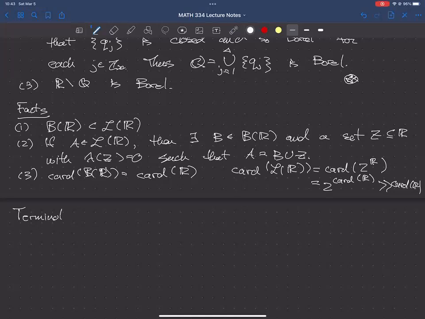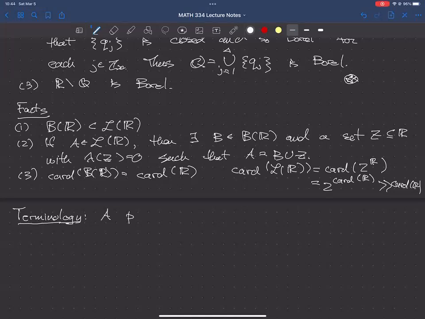All right, so let's wrap up our discussion of Lebesgue measure and talk about some terminology that's going to come up for us as we go through the rest of the course.